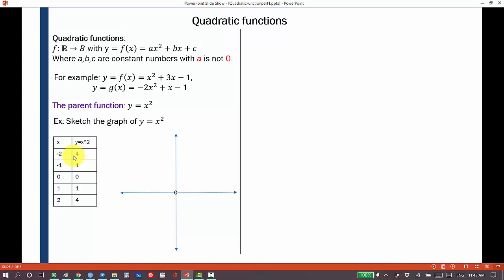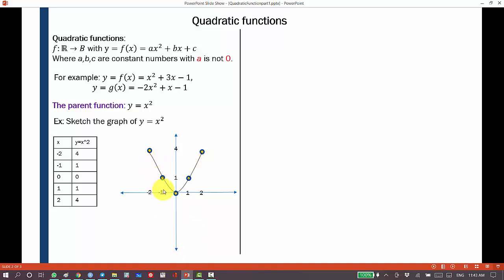Finding these pairs in two-dimensional space, for x we have minus 2, minus 1, 0, 1, and 2. Correspondingly, for y we have 4, 1, 0, 1, and 4. These are the points whose coordinates are (minus 2, 4), (minus 1, 1), (0, 0), (1, 1), and (2, 4).